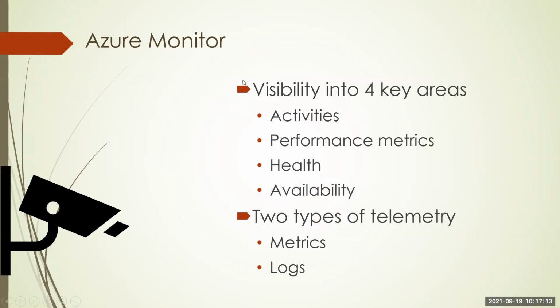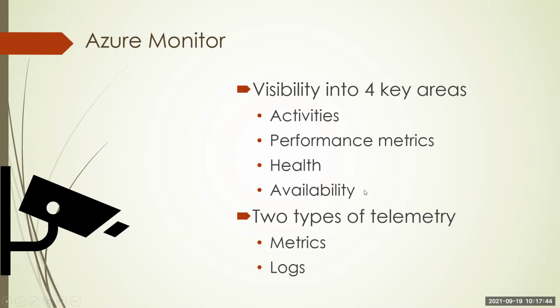And visibility into 4 key areas. That's what I told: activities like Azure activities, subscription level, management group level, etc. And performance metrics of a virtual machine or any resource. Performance metrics, health events, availability status. So if a service is not well, it will report that.